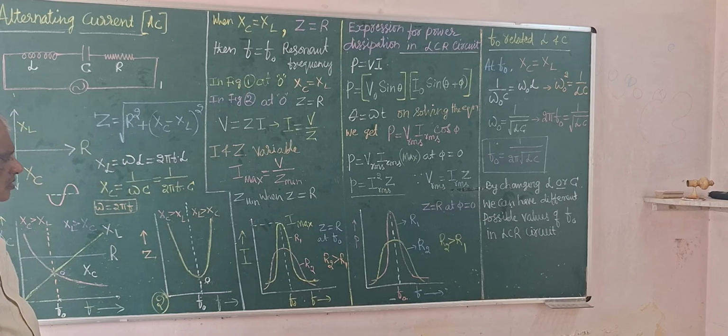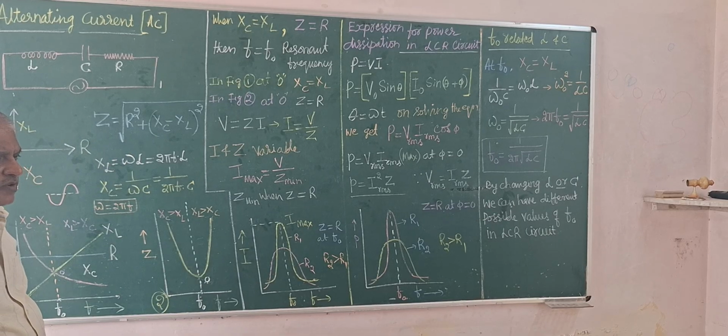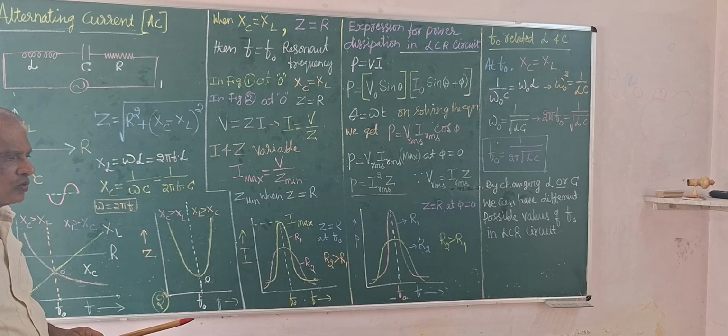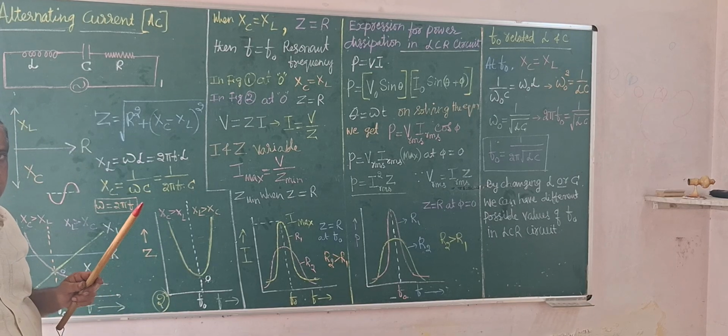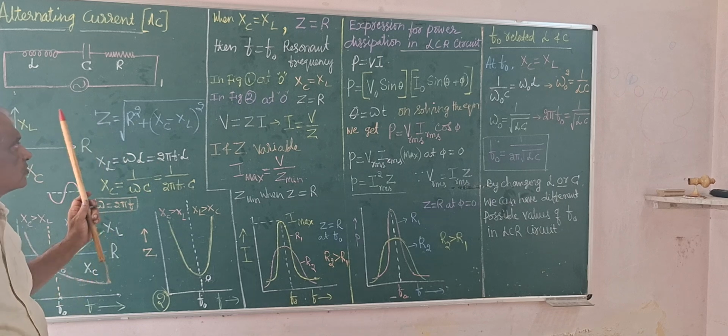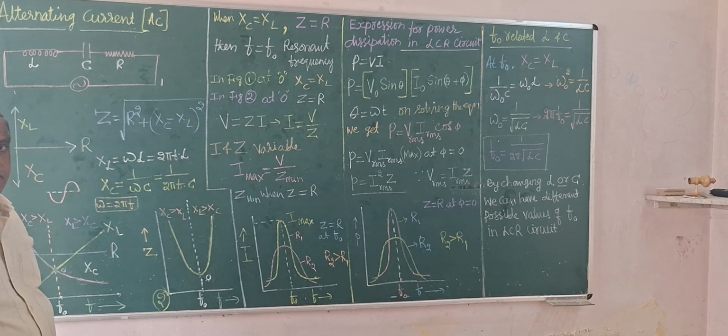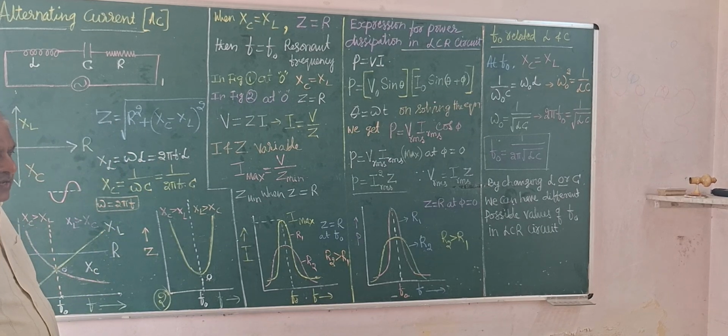That means we can change from one F naught value to another F naught value. Only that F naught value is passed through, others are filtered out. That is a selection.